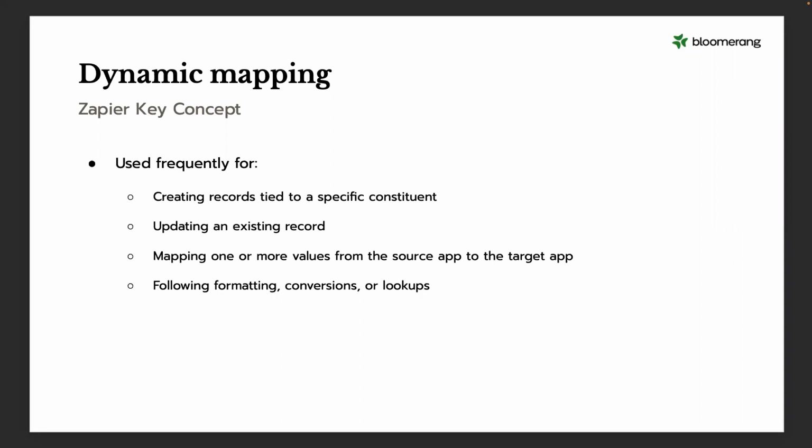This can be mapping one or more values from the source to our target application. And this is also used following formatters or formatting steps, conversion steps, and lookups, which we're going to cover some of here later in our webinar. But dynamic mapping is the basis of taking the output of those formatting or conversion steps and mapping it to our subsequent action in our Zap.